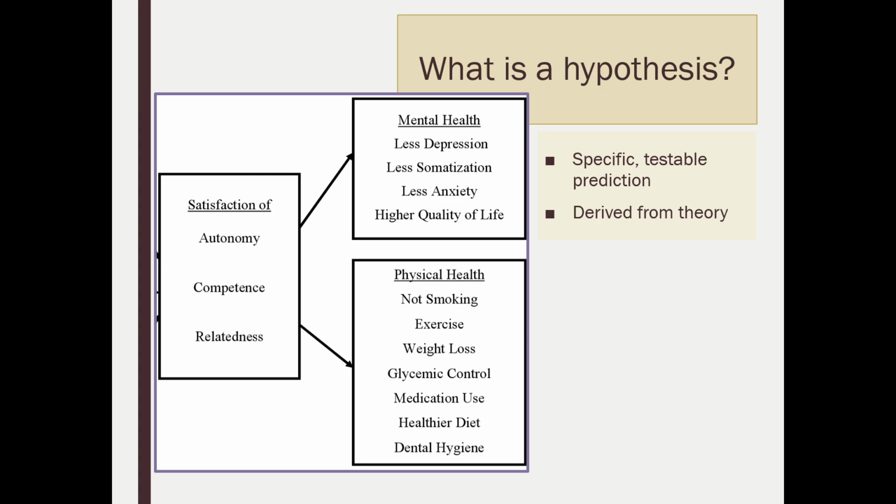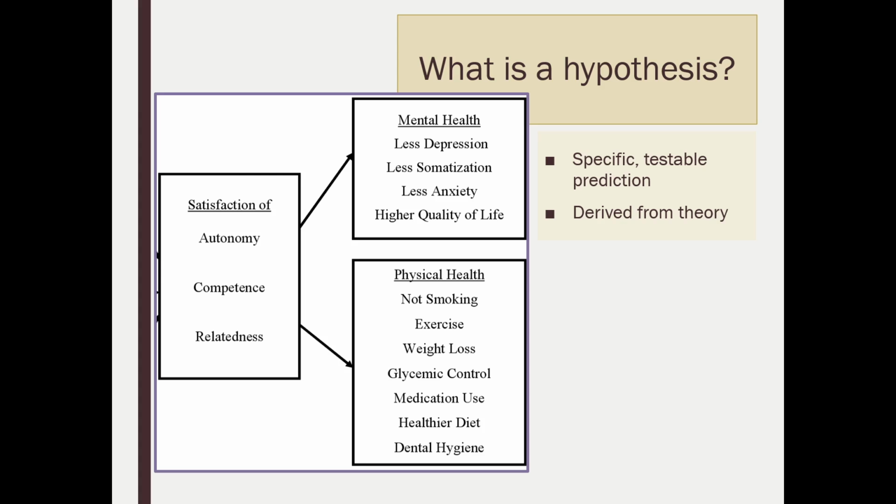If we could measure those, then we should be able to then measure these markers of mental health, for example, and see whether it is in fact the case that people who are having their self-determination theory needs met have lower levels of these negative mental health outcomes, higher levels of the positive outcomes, and lower levels of the negative health-related behaviors or outcomes, and higher levels of the positive outcomes. So we have these very specific, very testable hypotheses.